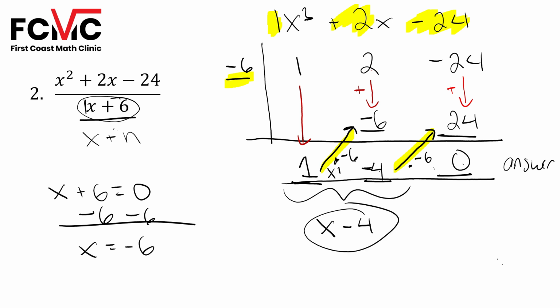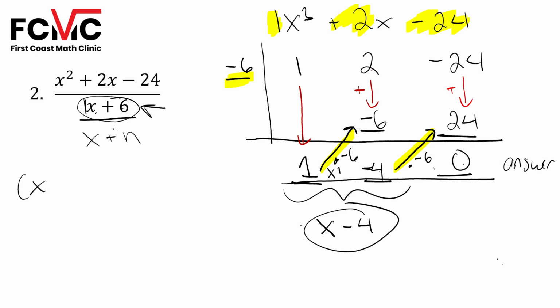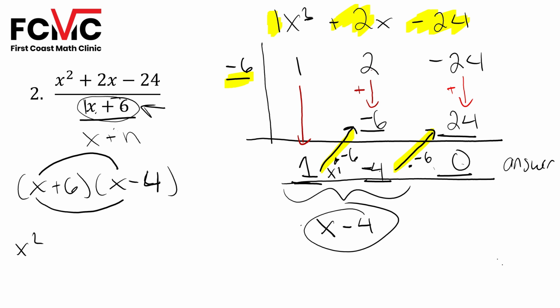And if I want to check this, let's multiply this by the binomial we divided by, x plus 6, and do some foiling. Clean this up a little bit. So we'll do the x plus 6 times x minus 4. So first, x times x is x squared. Outer, x times negative 4 is negative 4x.